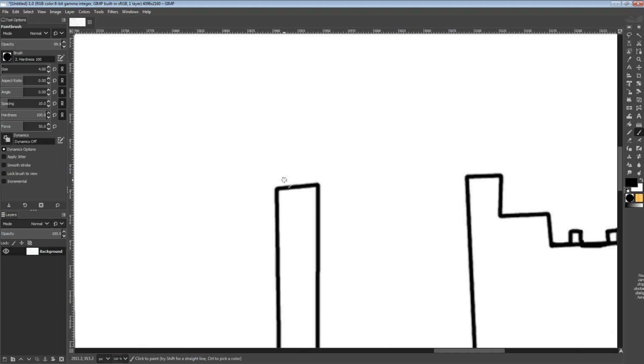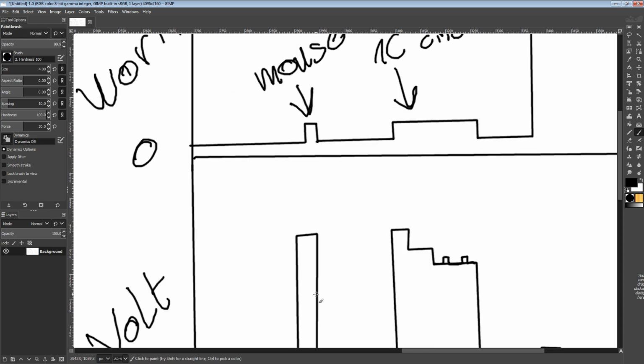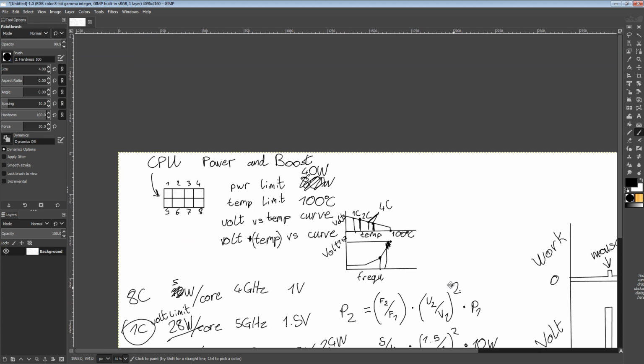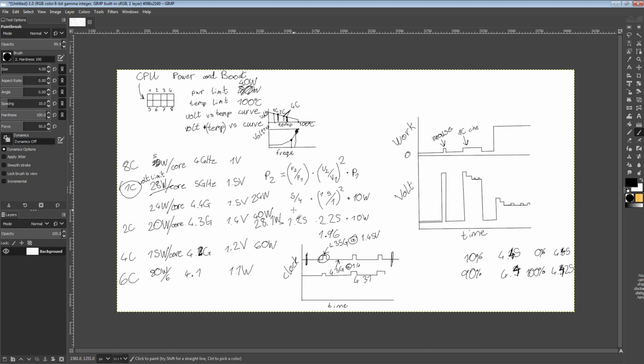It's annoying when it happens like here, and it's just like, okay, could you get rid of that, please? That'd be great. Thanks. Anyway, I wanted to talk about this because I think it's an interesting topic. I will definitely try to do a demonstration of the operating voltages of a 3700X when I get mine.